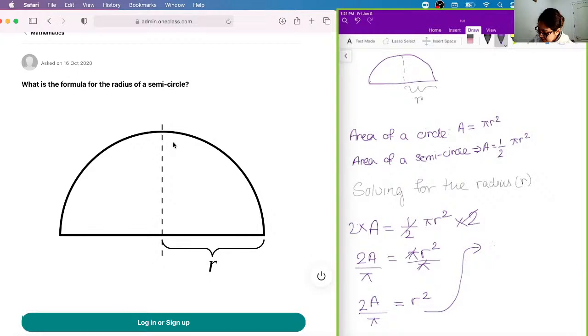So the square root of r squared is equal to the square root of 2A over pi. Those square roots cancel, so you have r equals the square root of 2A over pi. This is how you isolate r for a semicircle, which is half of a circle.